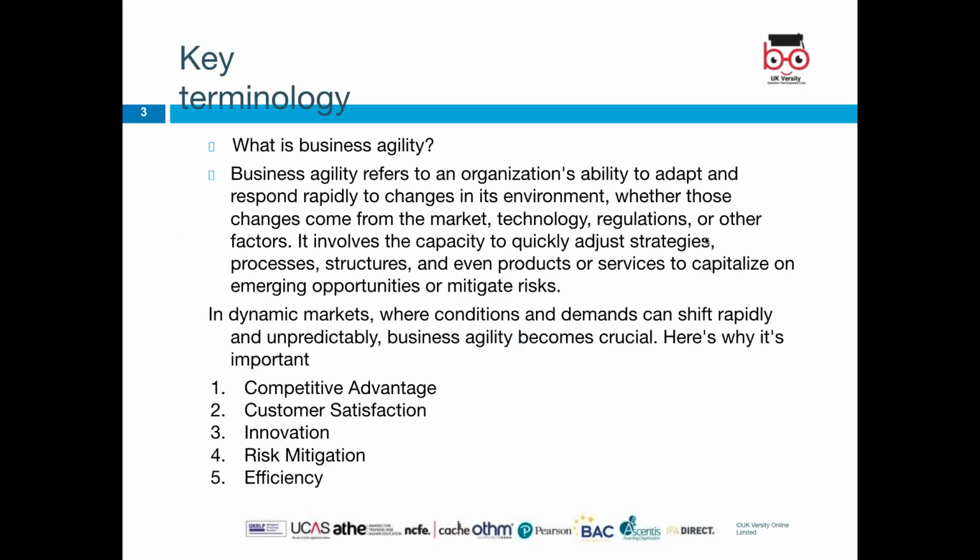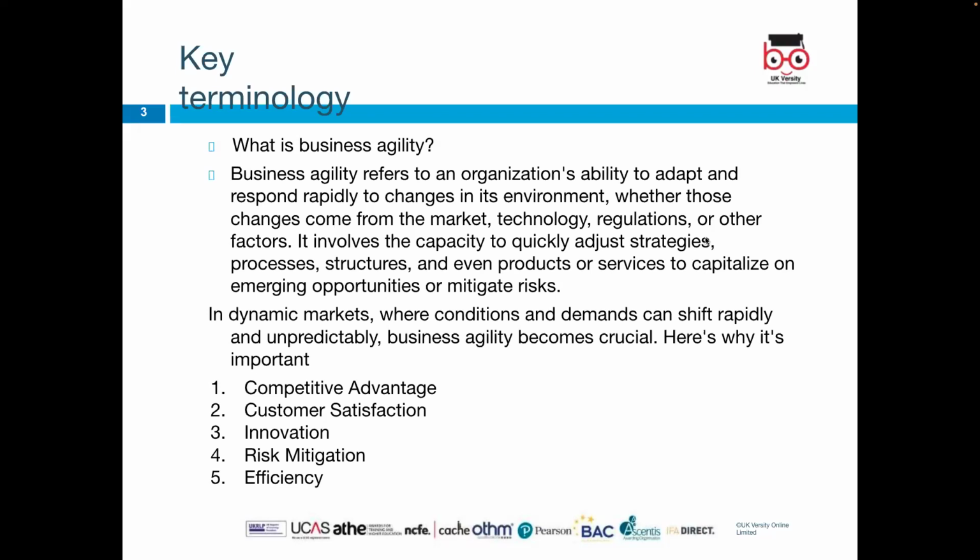So this is the key terminology. What is business agility? Business agility refers to an organization's ability to adapt and respond rapidly to changes in its environment, whether those changes come from the market, technology, regulations, or other factors.